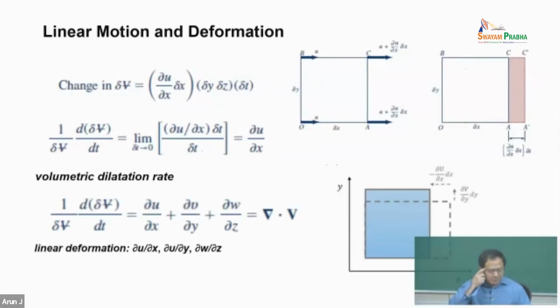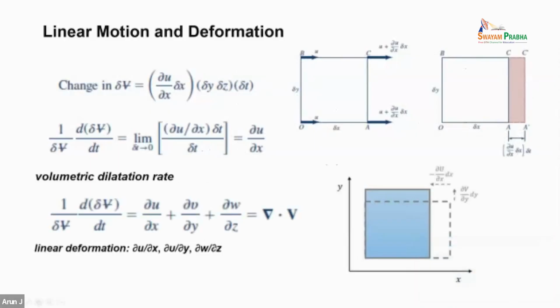If you have three dimensions, the volume change rate is du/dx plus dv/dy, where v is the y-direction velocity, plus dw/dz, where w is the z-direction velocity.